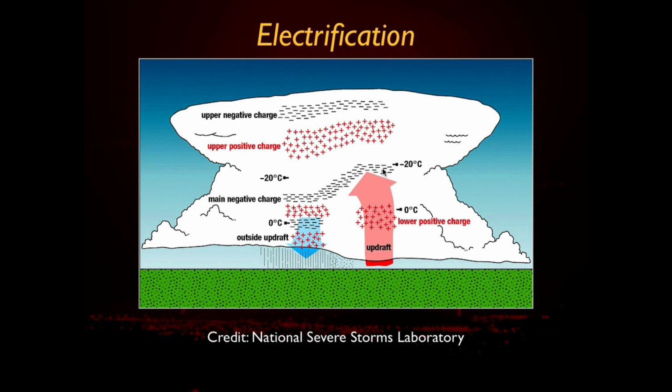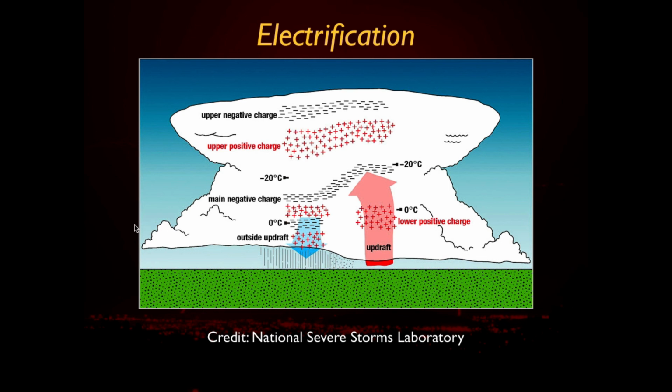But this just shows that you do have the typical traditional tripole structure of an upper positive region, a main negative charge region, and a lower positive charge region, but that in reality can be a bit more complex, and you can have multiple charge regions, an upper negative charge, you can have screening layers, you can have multiple layers of charge associated with the melting layer and precipitation that's taking place.